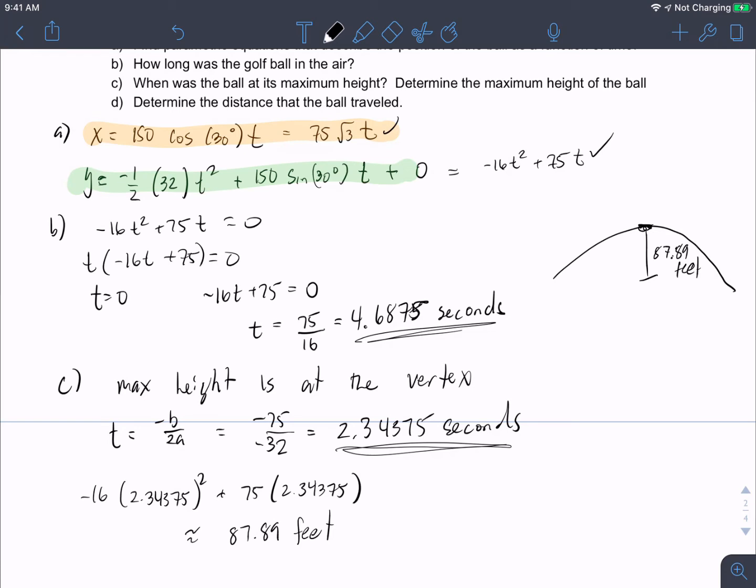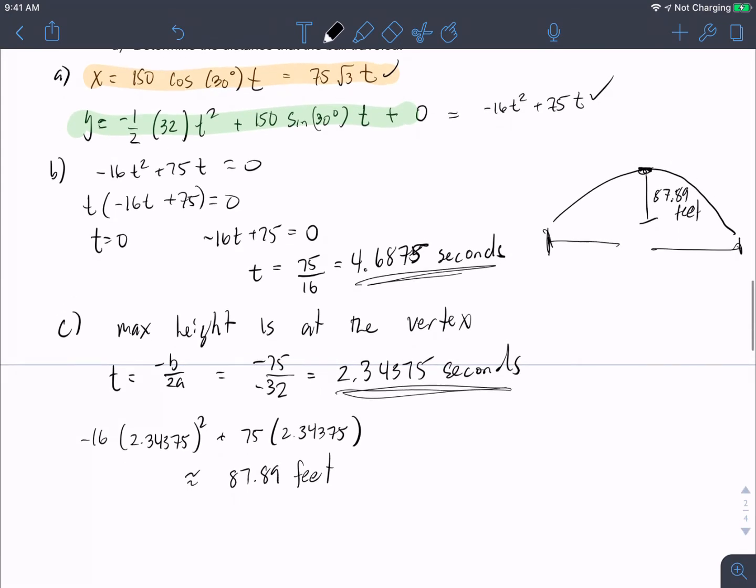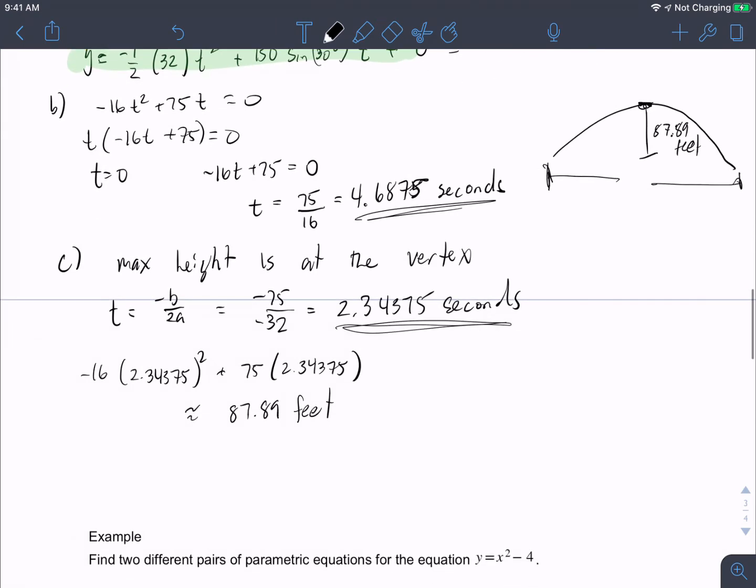Okay, pretty cool. Now the one thing too that you often are going to look for, and that's part D, is, well, how far was it from here to here? How far did the ball travel along our golf course? Well, to do that, that's just the x. So the x coordinate is going to be x is equal to 75 radical 3 t.